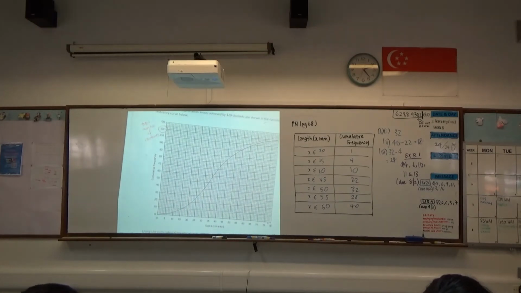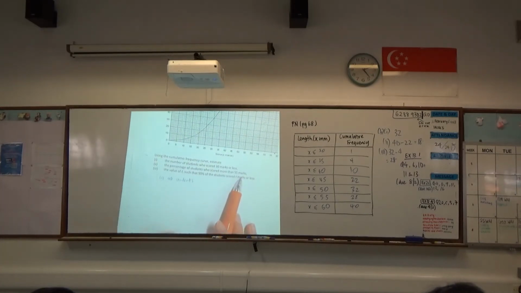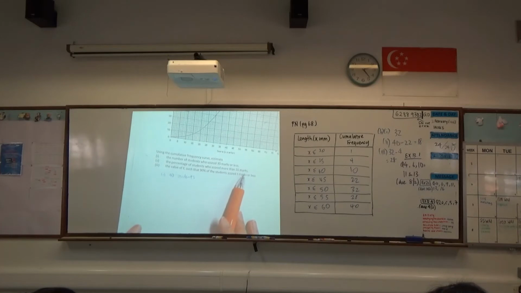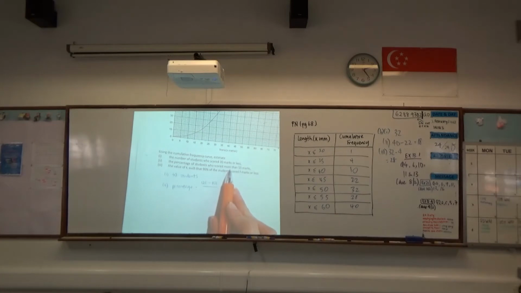Right? Now, part 2, we want to find the percentage of students who scored more than 55 marks. So earlier on, Noi has mentioned that less than or equals to is 102 students. Now that we want to find the percentage, I will need to consider 120 minus 102 so that I get the more than out of total number of students 120, and times 100%.